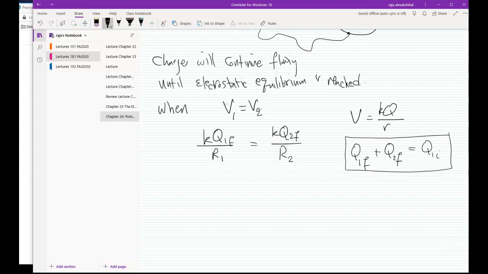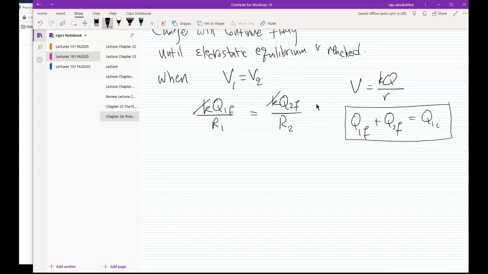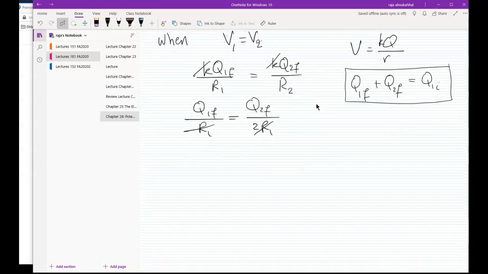So now let me go back to the equilibrium condition here. The K's will cancel out. Let me clean it up a little bit. And then I have Q1 final over R1 is equal to Q2 final over 2R1, correct? The R1s cancel out. So therefore, Q2F is equal to 2Q1F.